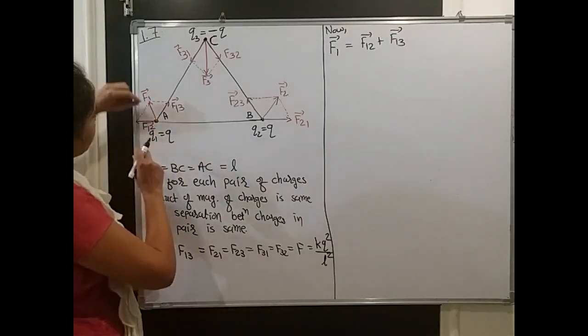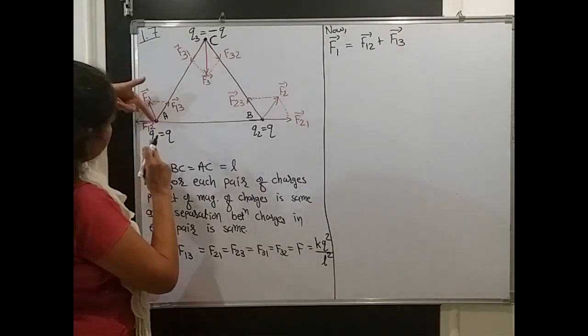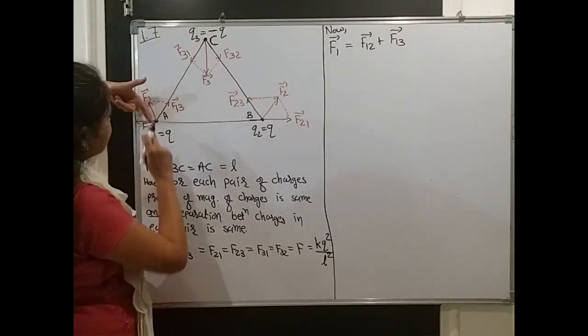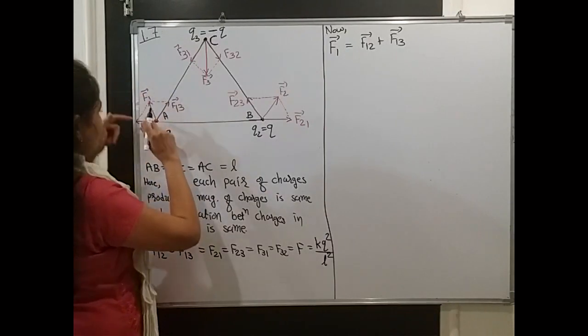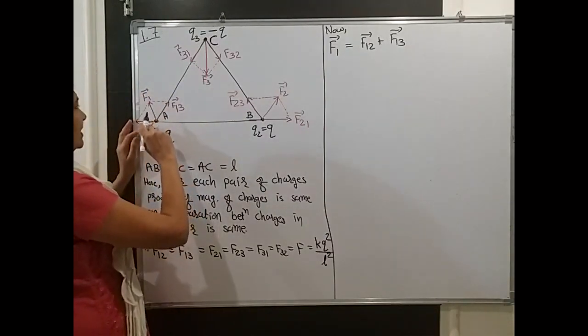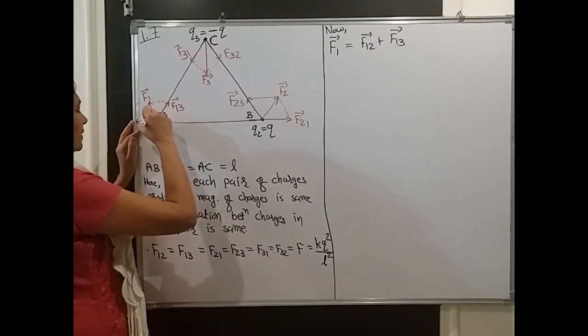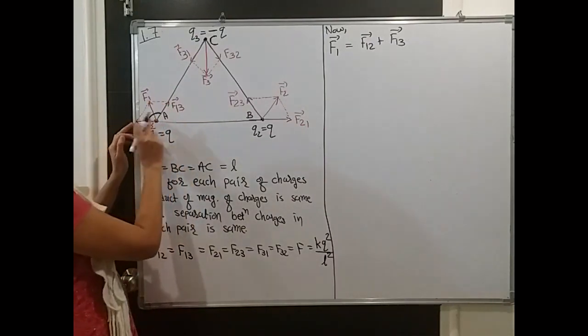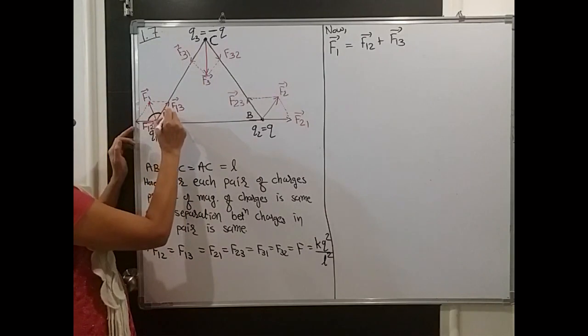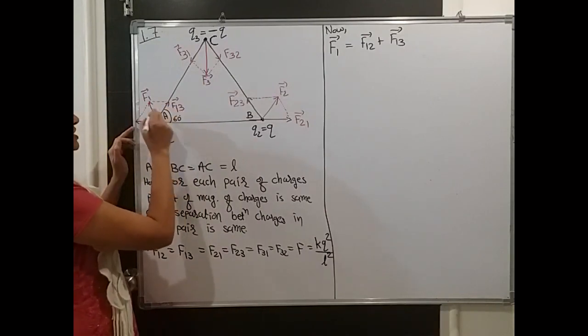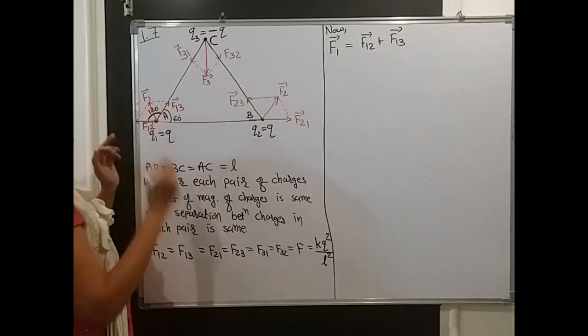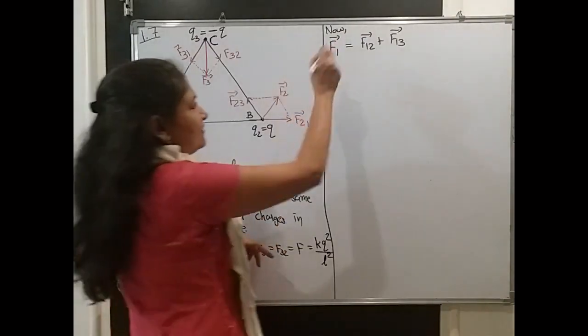Now you can see here, from the geometry of the figure, the angle between vector F12 and F13, this angle. See, total is 180, as it is equilateral, this one is 60, so this angle is 120 degrees.